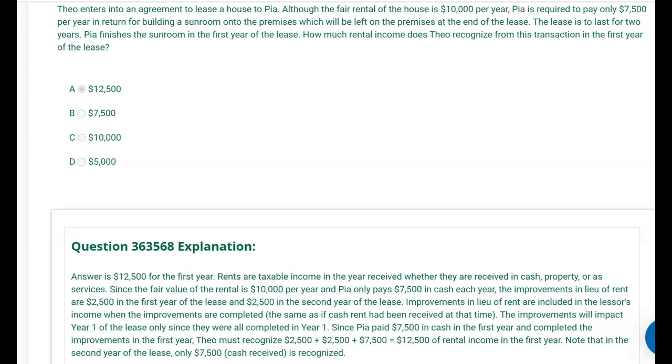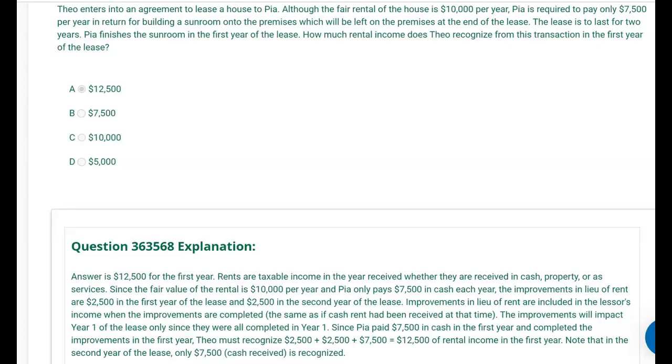And the answer is $12,500 is recognized as rent in the first year, because rents are taxable in the year received, whether they're received in cash, property like a sunroom, or as services. Well, since the fair value of the rental is $10,000 per year, and Pia only pays $7,500 in cash each year, that's how you know the improvements in lieu of rent are $2,500 in the first year and $2,500 in the second year. Improvements, though, in lieu of rent are included in the lessor's income when the improvements are completed, the same as if cash rent had been received at that time.